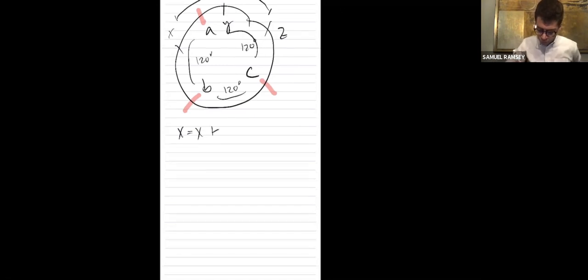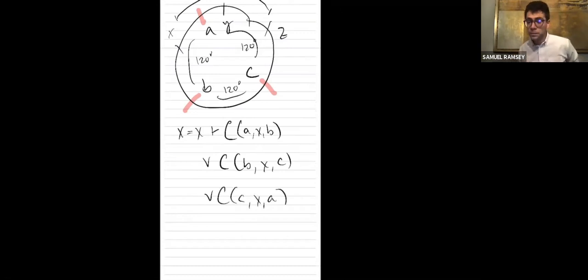So then this is going to prove that x is going to be between A and B, or x is going to be between B and C, or x is going to be between C and A. Right?